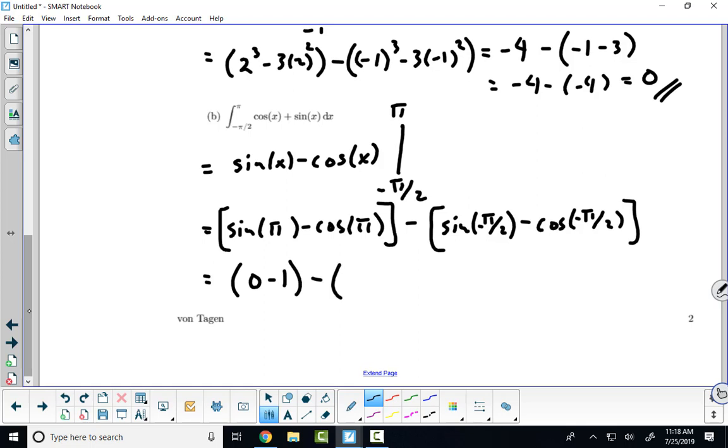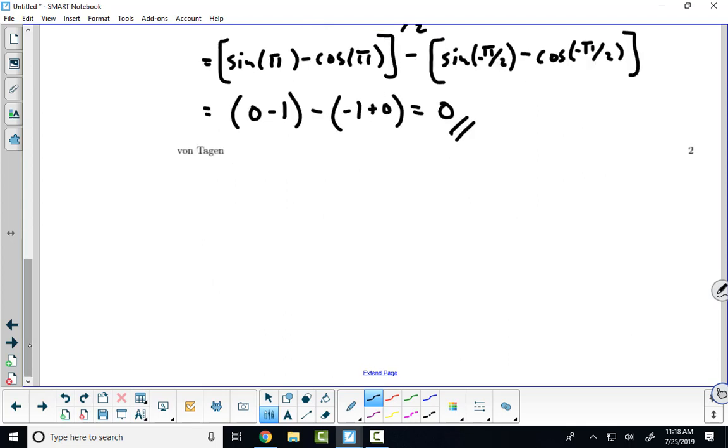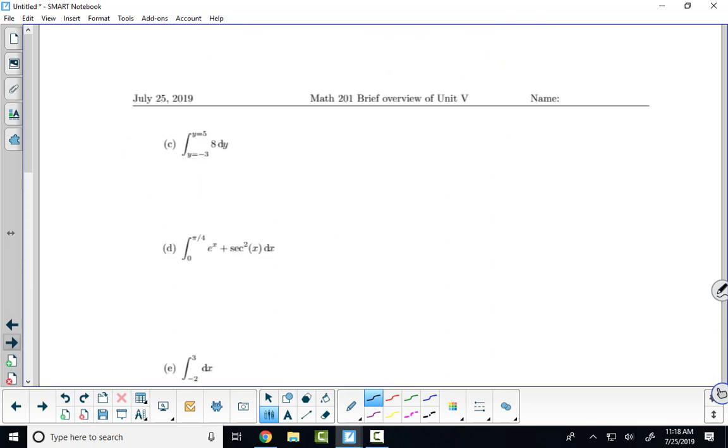So we have natural log of absolute value from natural log of 2 minus natural log of 2. I just left it like that.